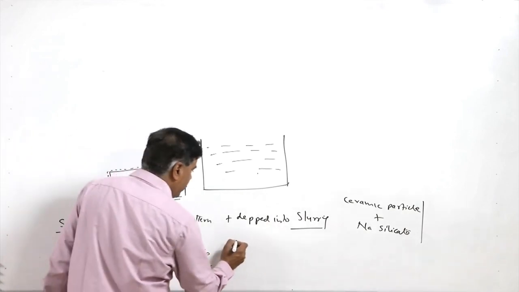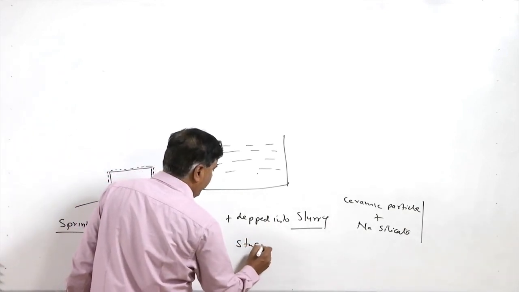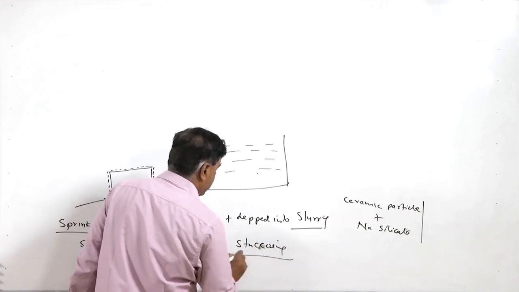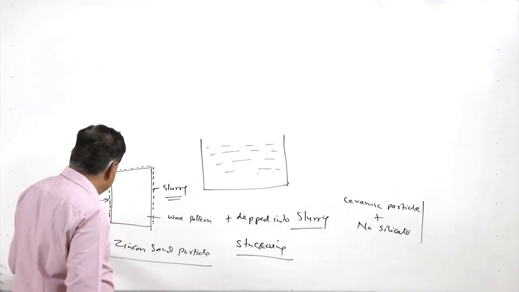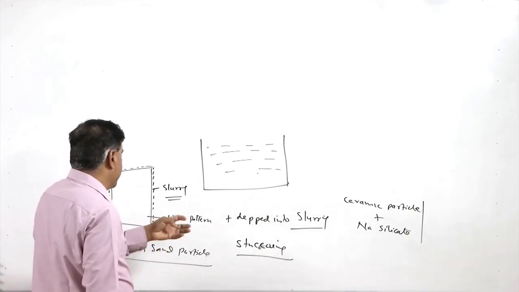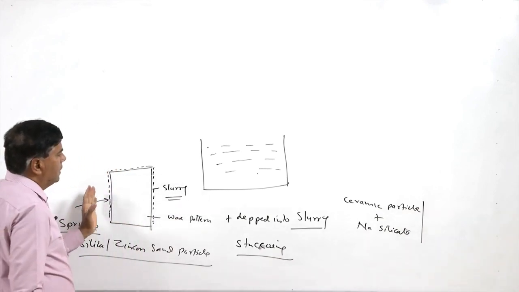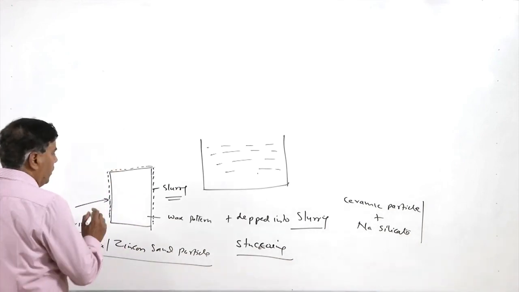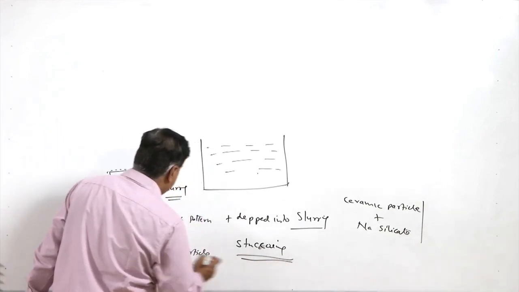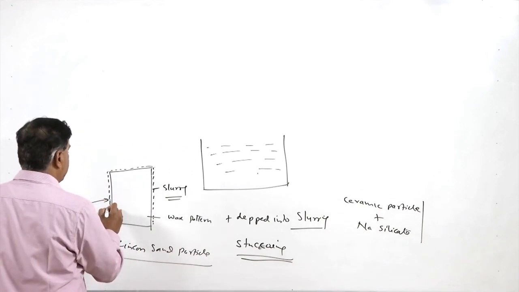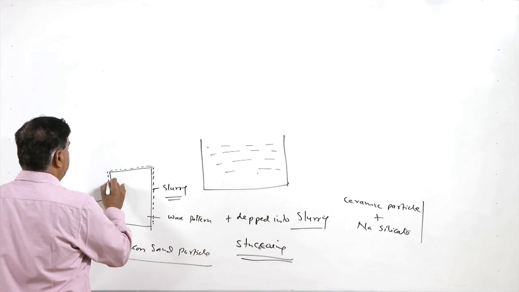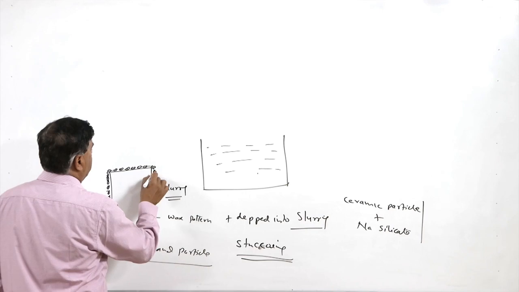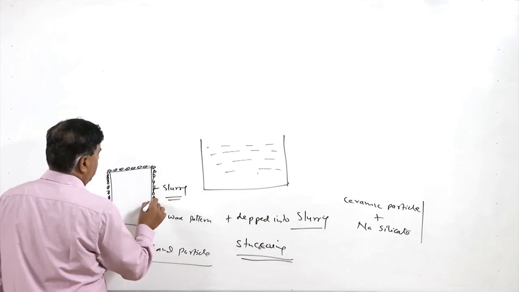This process is called stuccoing, wherein the silica or zircon sand particles are applied over the slurry which is sticking to the wax pattern.